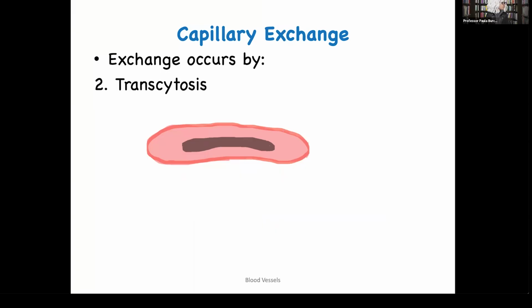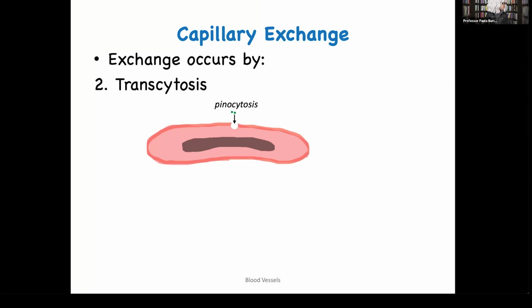A second mechanism for the exchange of materials between the blood and the tissues is transcytosis, a form of active transport which requires ATP. Transcytosis involves pinocytosis on one side of the cell, where fluid with solutes are brought into the cell.